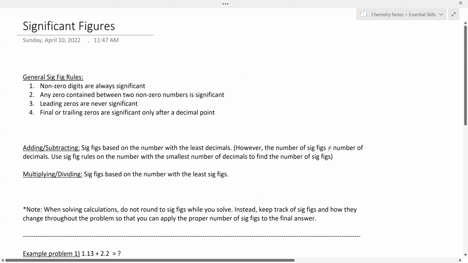Okay. And then we have the third one. Leading zeros are never significant. So for example, if you had 500 and someone puts 2 zeros in front of 500, these are not significant. Even though there's a decimal, these are, actually, you know what, ignore that. These are not significant.